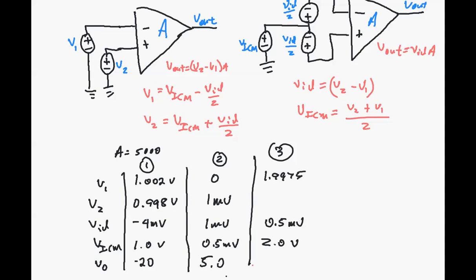And V2 is that average, VICM, 2 volts, plus that, so 2.0025 volts. And knowing VID, we just multiply by the gain of 5,000 to get an output of 2.5 volts.